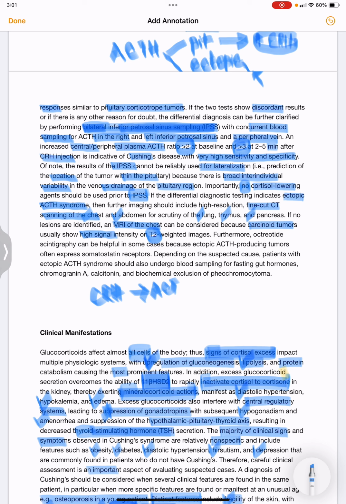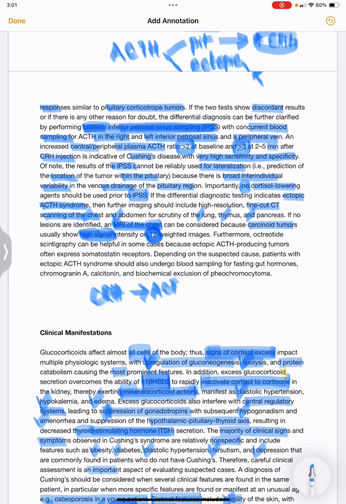If CT and chest imaging are not showing any lesions, then what has to be done? An MRI of the chest should be done, because carcinoid tumors show high signal intensity on T2 weighted images.